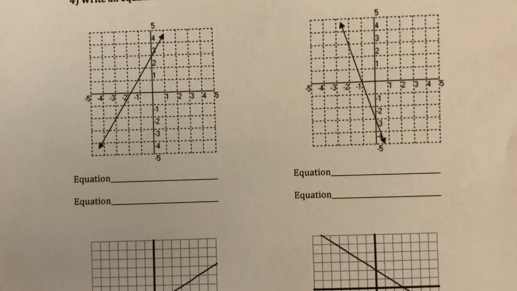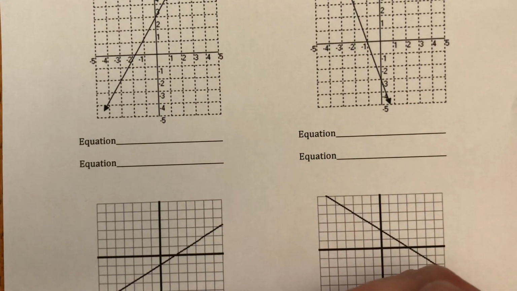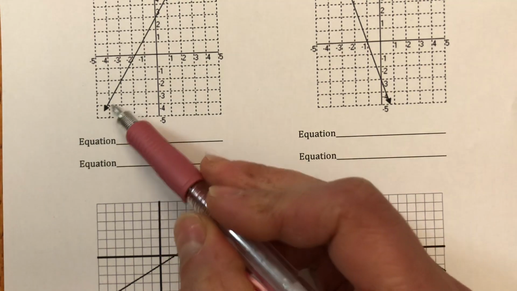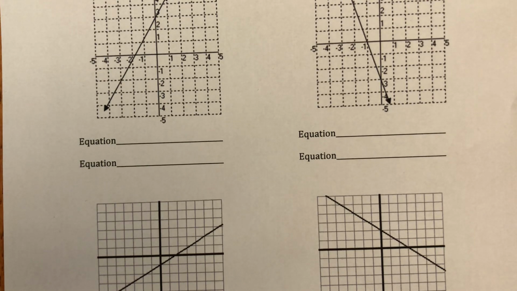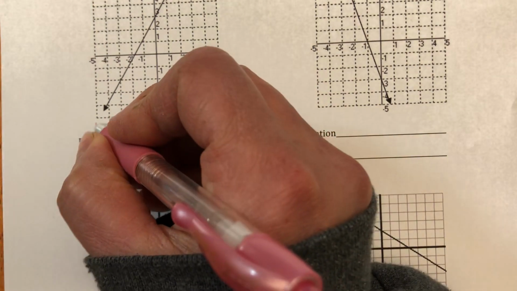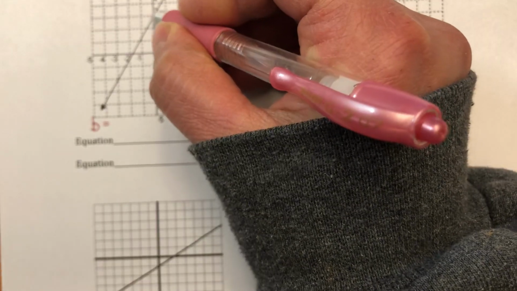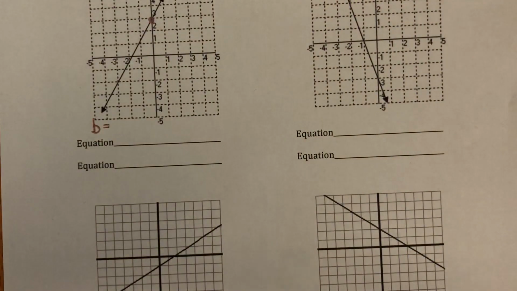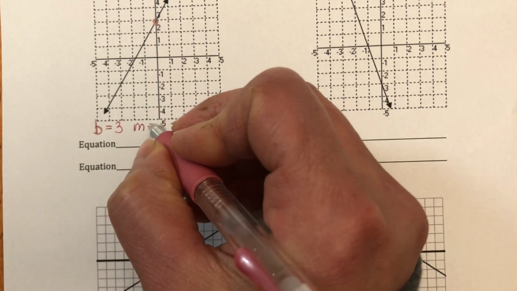And the next type of example is you will have a graph given, and you are to write an equation. So you have 1, 2, 3, and 4. So let's see. What I am going to do is look carefully on my graph, and say what is my beginning, what is my y-intercept, and I see that y-intercept is right in here, and y-intercept is equivalent to 3. And then I will think about what the slope is.